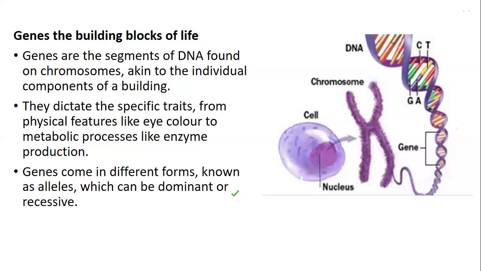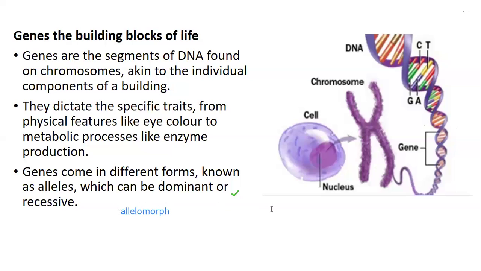So they are called alleles. This is a short word for the word allelomorph. So you'll find in some books this word allelomorph like this. Okay, but we always shorten it to alleles, which is also acceptable.